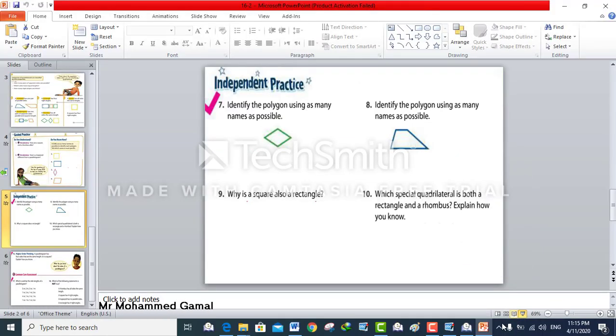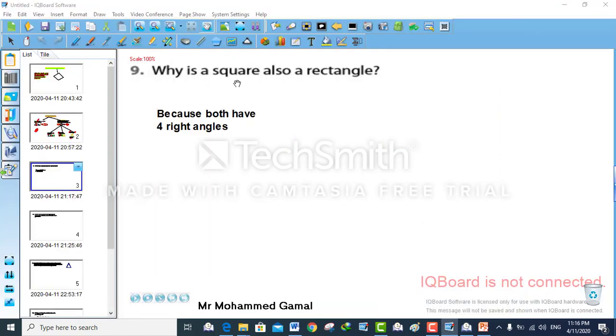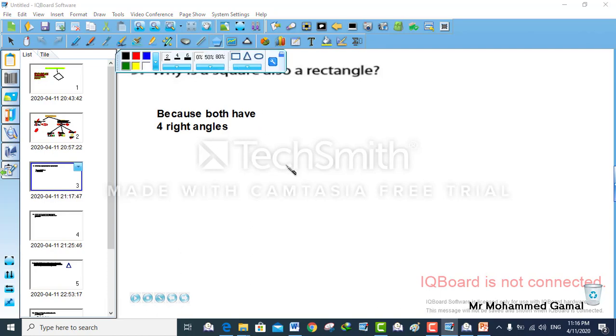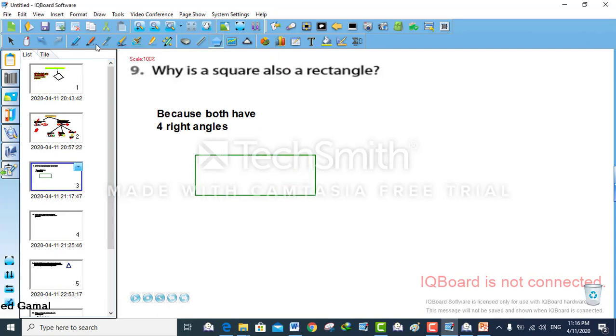Now let's go to question number 9. Why is a square also a rectangle? The square is also a rectangle because both square and rectangles have 4 right angles. If we draw here a rectangle, yes, this is, for example, a rectangle. How many right angles here? 1, 2, 3, 4.